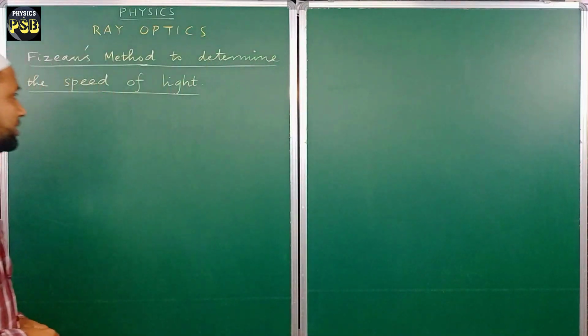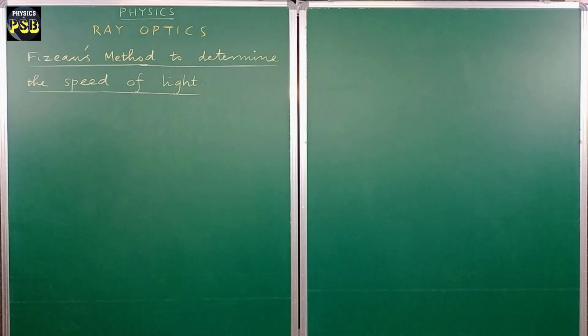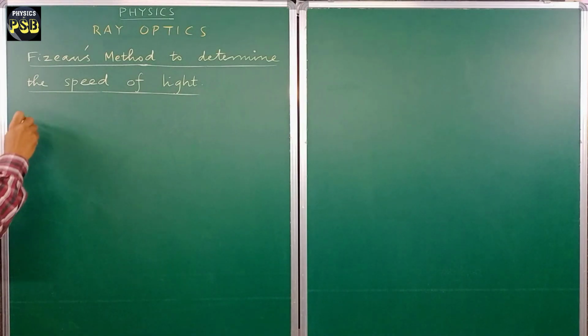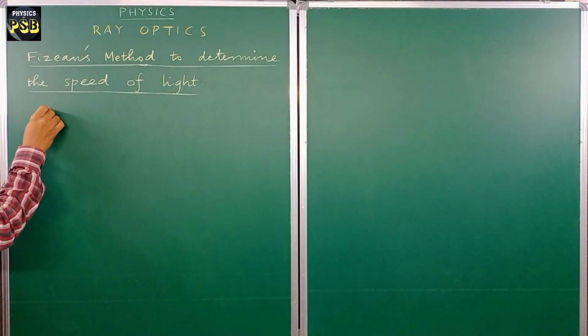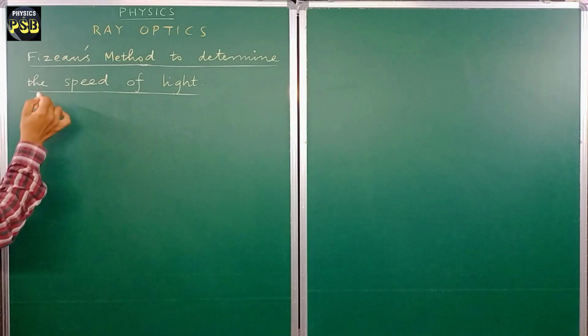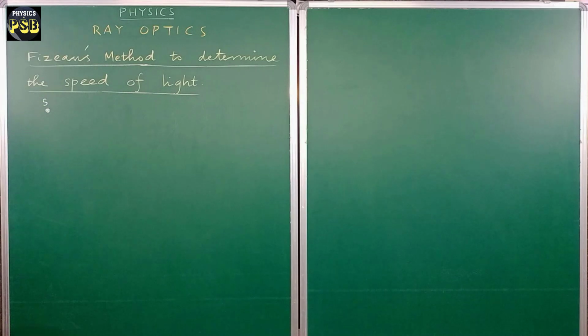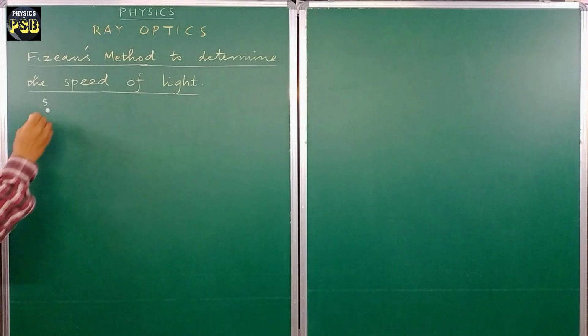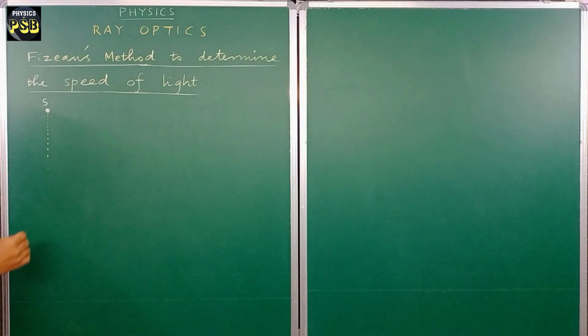First, we'll discuss the experimental arrangement. He took a source of light, let me represent it by the letter S. A ray of light from the source is made to fall on a glass plate.